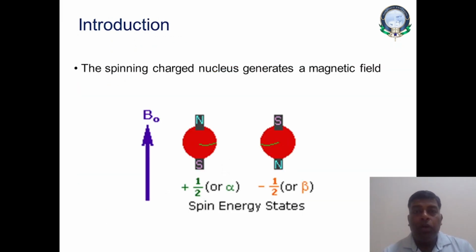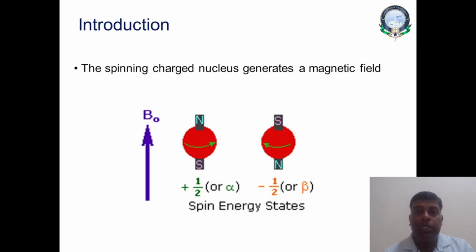So we were talking about how the nucleus bearing a positive charge is spinning around its own axis, as shown in the figure. It can have two orientations, either positive clockwise or negative anti-clockwise.